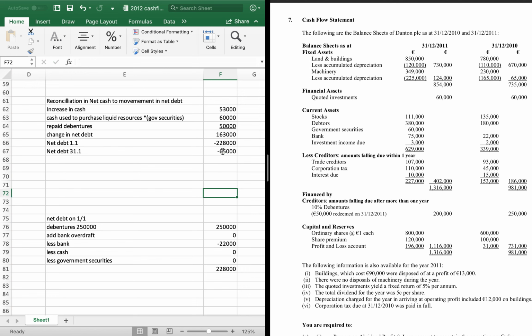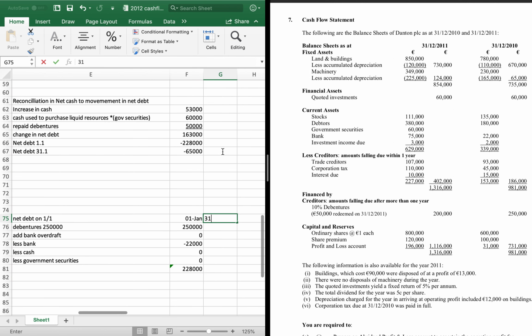So if we compare the end of last year to this year, let's look at our debentures. They're 200,000. We still have no bank overdraft to add on. We have a bank now of 75,000 to take away.